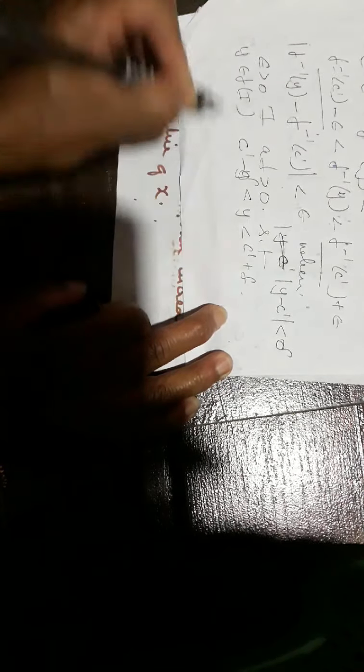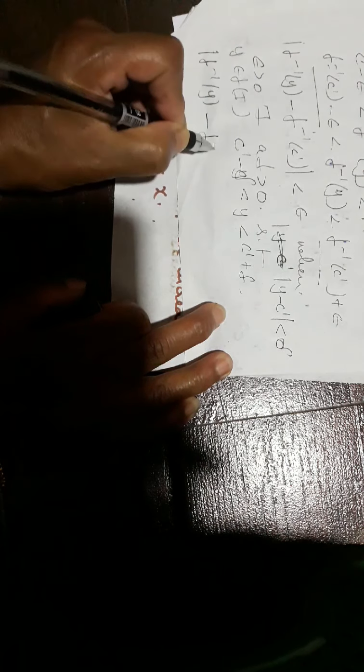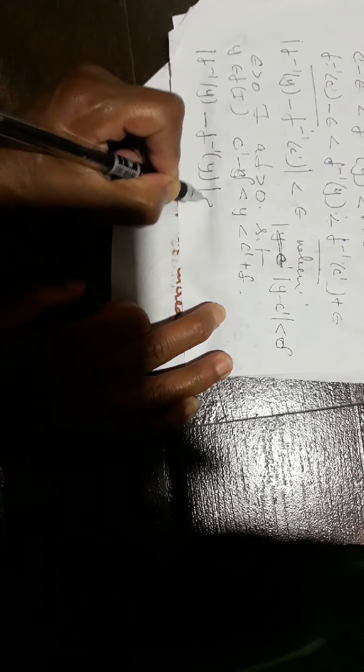Thus we have shown that for given epsilon greater than 0, there exists a positive number delta such that for all y belonging to f of I satisfying c prime minus delta less than y less than c prime plus delta, we have mod of f inverse of y minus f inverse of c prime less than epsilon.